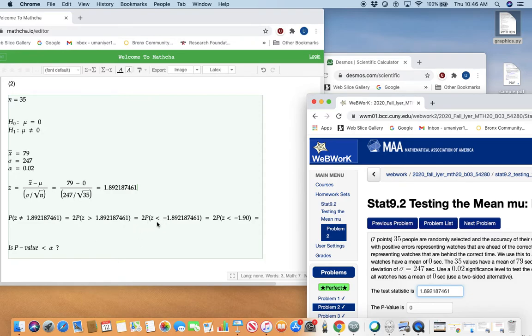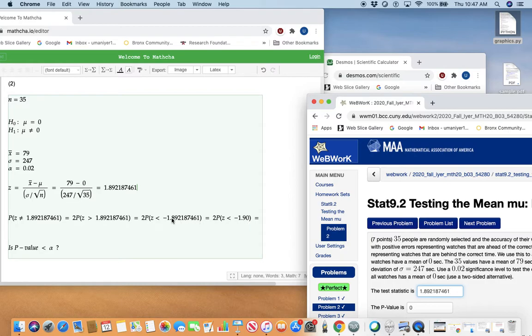I prefer going to the left with the negative because you have tables for it. You of course know how to find probability z greater than something. That's 1 minus left. Either way is fine. Twice probability z less than negative 1.90.